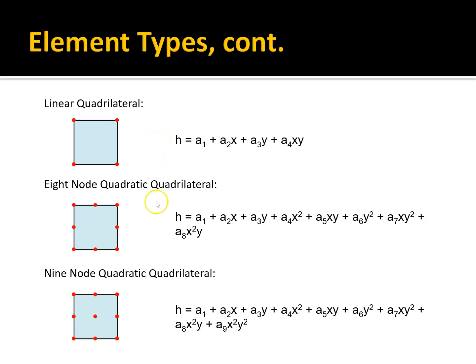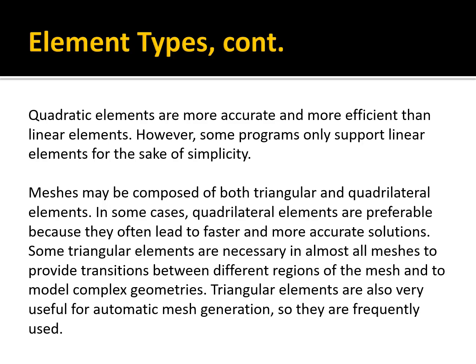And then again, you can do an 8-node quadrilateral or a 9-node quadrilateral, where you assume that the head varies across the face of the element using a quadratic surface. And so the advantage of a quadrilateral element is that they're more accurate. Using linear elements, you're assuming these flat surfaces, and the head actually varies in a more continuous fashion.